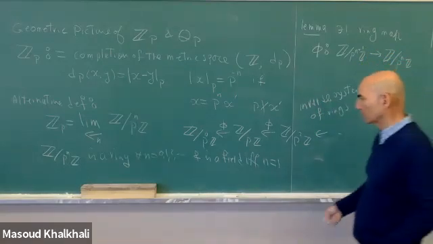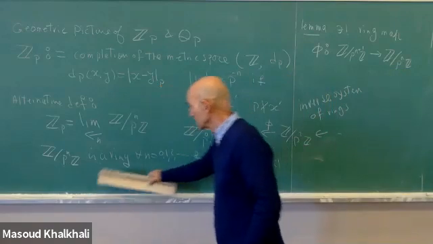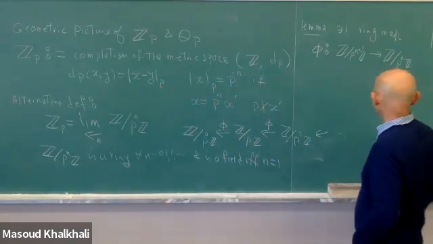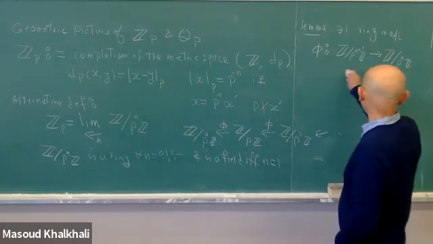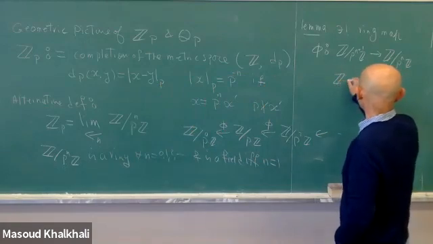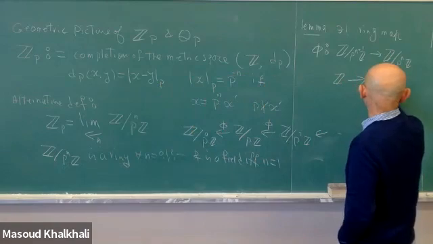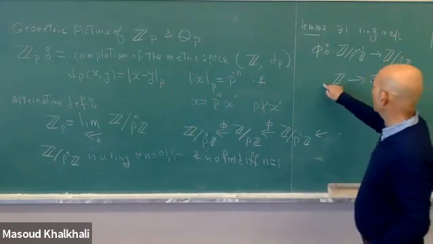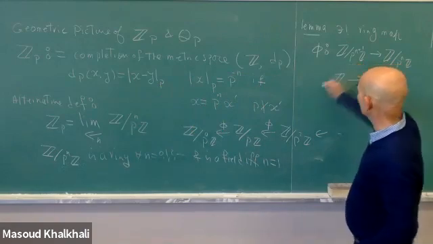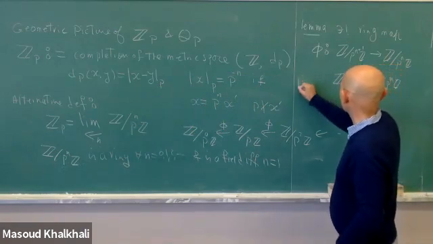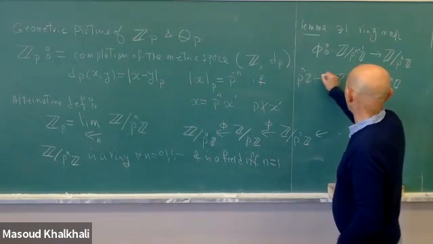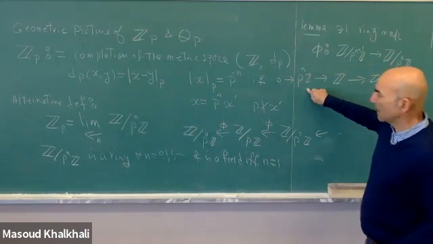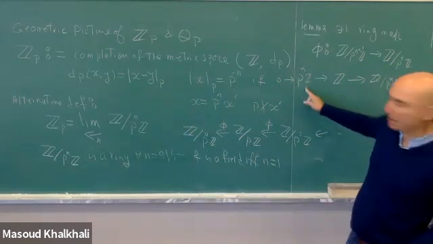You can just use the quotient map, and you notice that the kernel is p^n Z, so p^(n+1) Z is inside this.